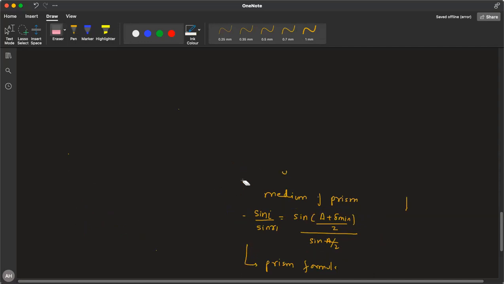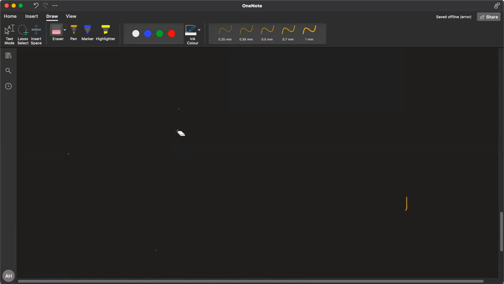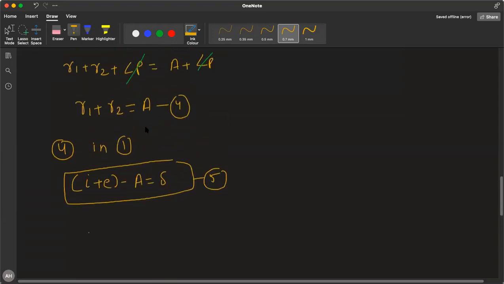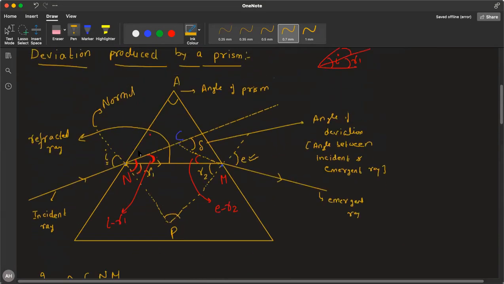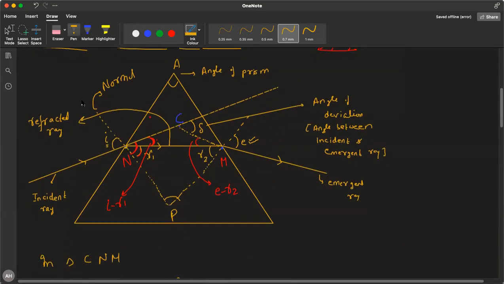Next, we can write this angle of deviation in terms of refractive index also. See, if I apply Snell's law at N, this is air, the refractive index of air is 1. This is glass, its refractive index is n.